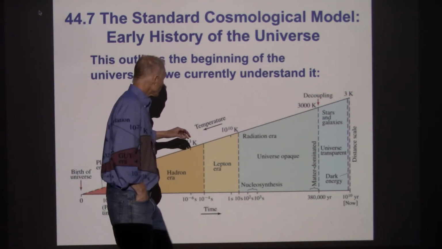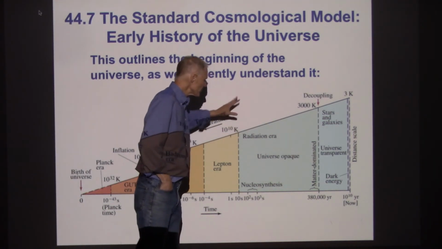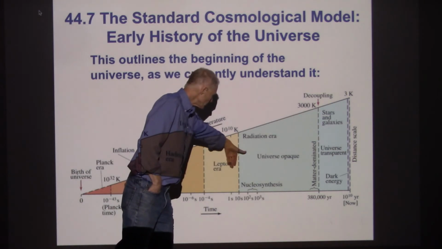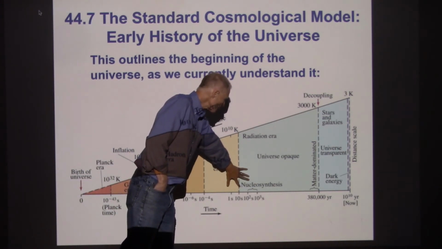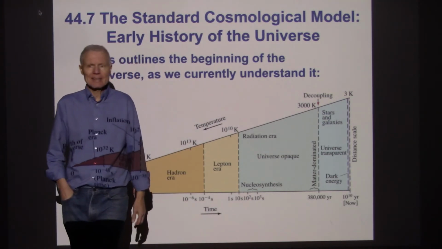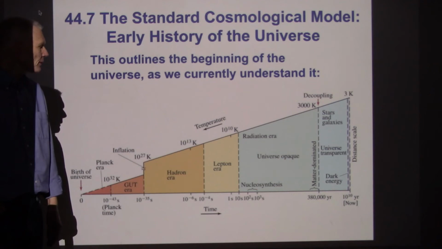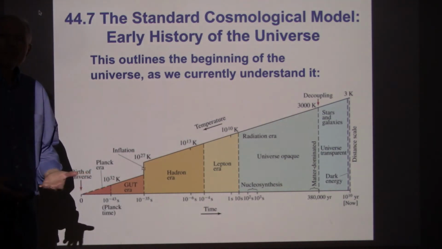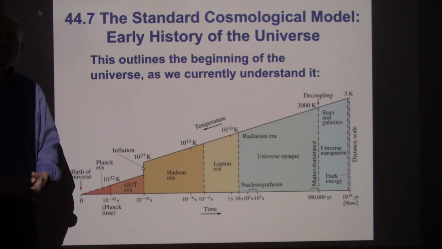If we follow this from the first several seconds through the process, there would have been an early stage of nucleosynthesis that took place in the universe. The nucleosynthesis would have been a period where about 25% of the protons were converted into helium.